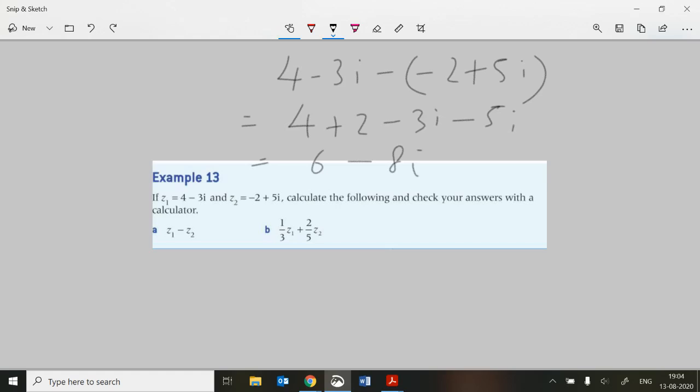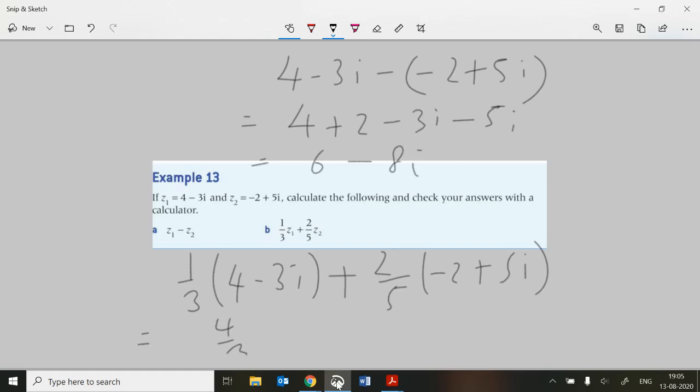We're timesing the first one by a third, and then plus 2/5 of Z2, which is minus 2 plus 5i. You can just multiply these out: 4/3 minus i, and then minus 4/5, and then plus 2i, and then you can combine those things as well.